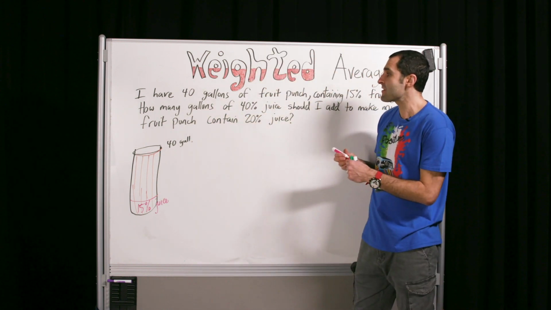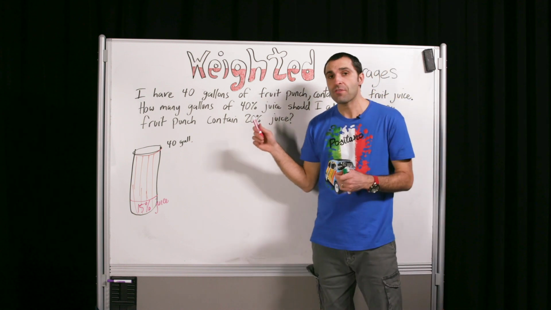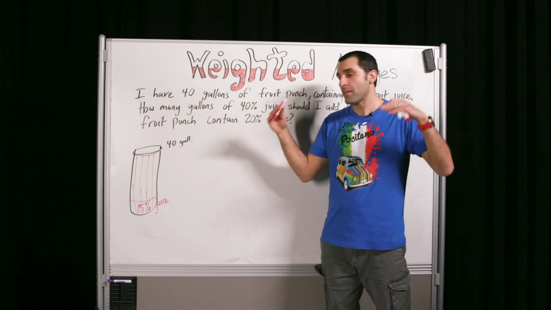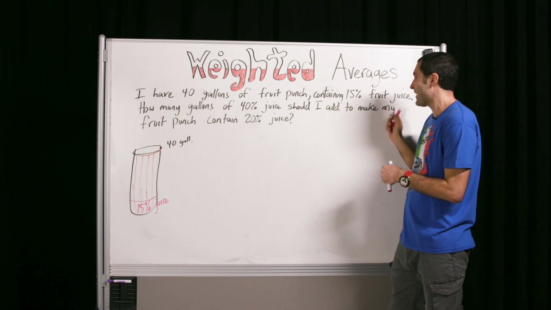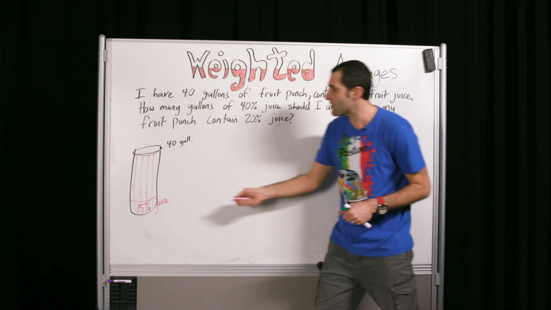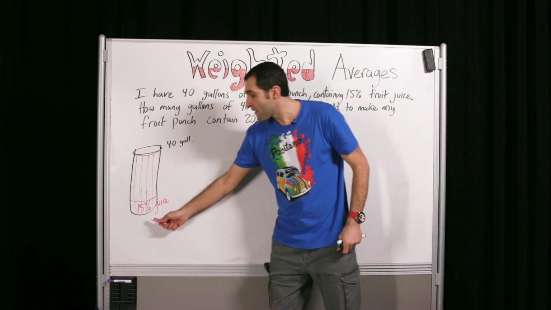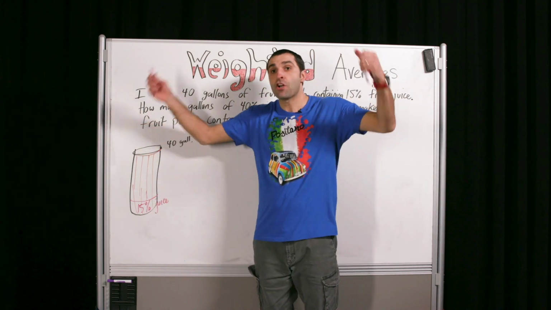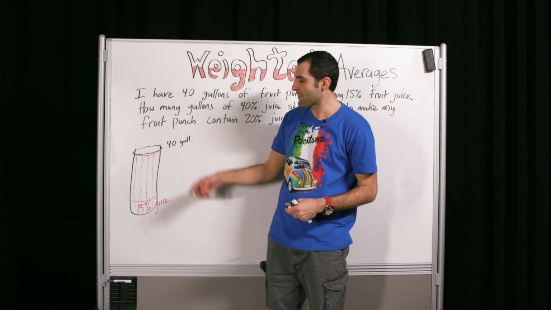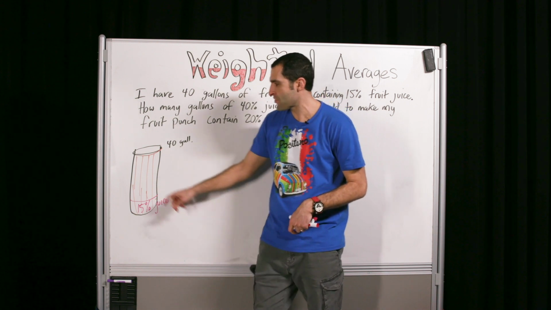How many gallons of 40% juice, so a higher concentrate of juice, should we add to make my fruit punch contain 20% juice? Interesting, so this juice amount will actually go up. So what we need to do is increase the size of the container, that's for sure.